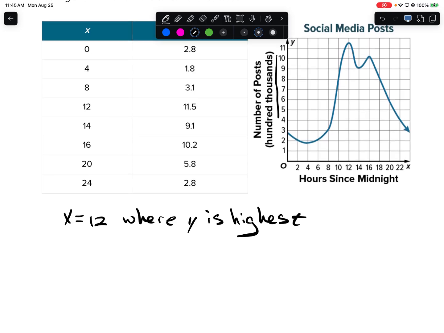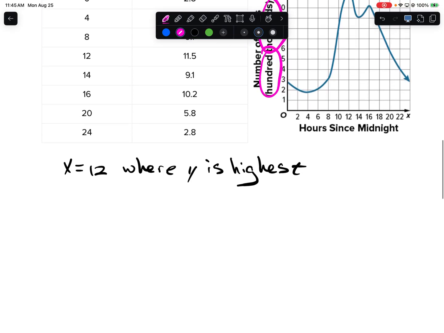So if it's in thousands right here, right? In thousands, and it's in hundreds. Oh, I forgot. I missed this. In hundreds of thousands. So it's 11.5, right? So if it's 11.5 and it's in hundreds of thousands, how many zeros do I add?